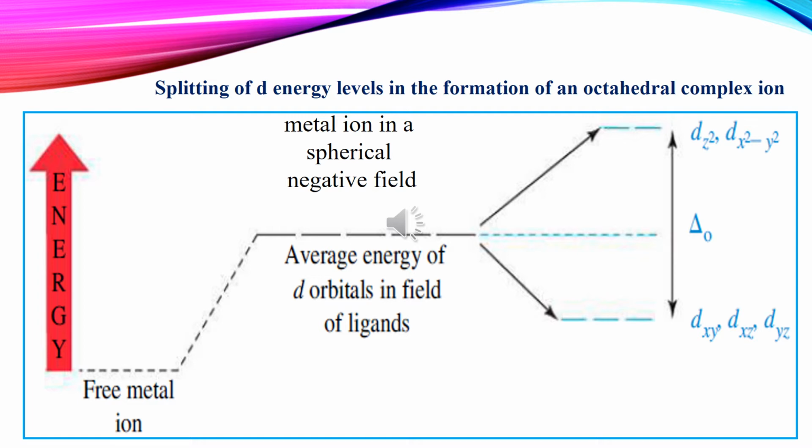If the ligand is a neutral molecule, the negative end of the dipole is attracted towards the metal atom. It treats the ligand as a point of negative charge. The arrangement of ligands around the central metal ion is such that repulsion should be minimum.